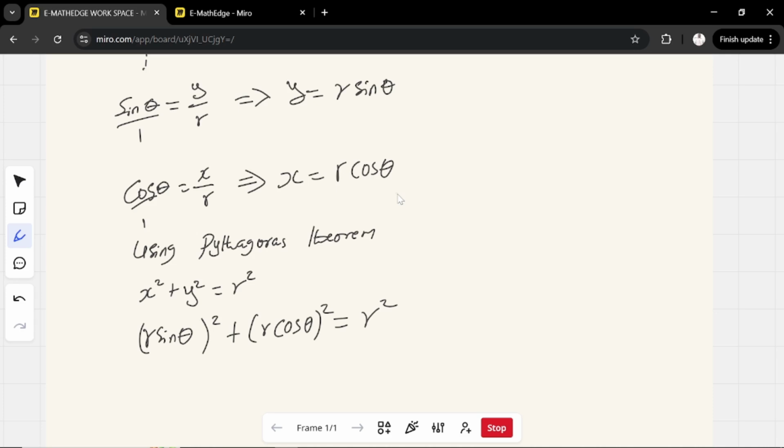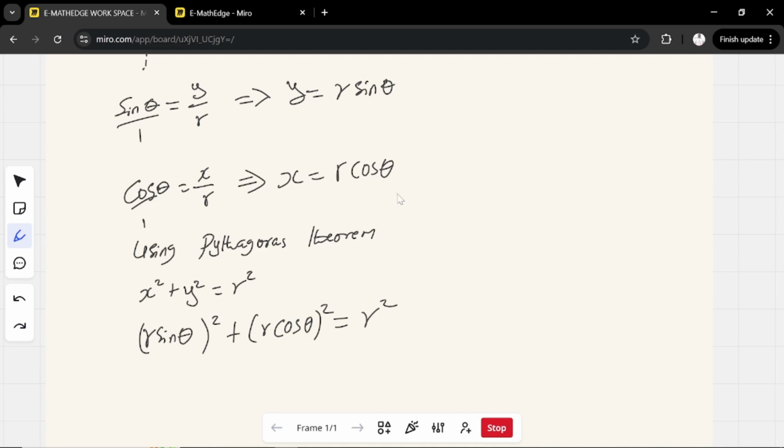Now let's solve further by opening the bracket such that this square is going to affect each value inside the bracket. Mind you, r is multiplying sine theta, and as well r is multiplying cos theta in this case. So the square is going to affect everything inside the bracket.